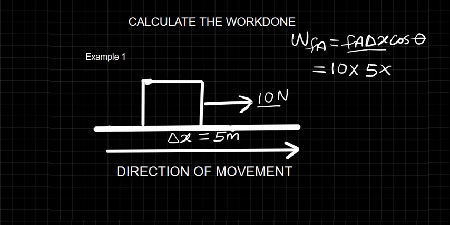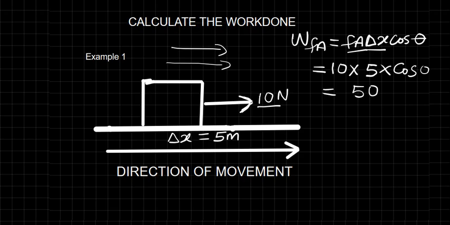The applied force goes to the right and the displacement also goes to the right, in the same direction. They're parallel. So in this case the angle is 0, cos 0 is 1, so our answer is going to be 50 joules.